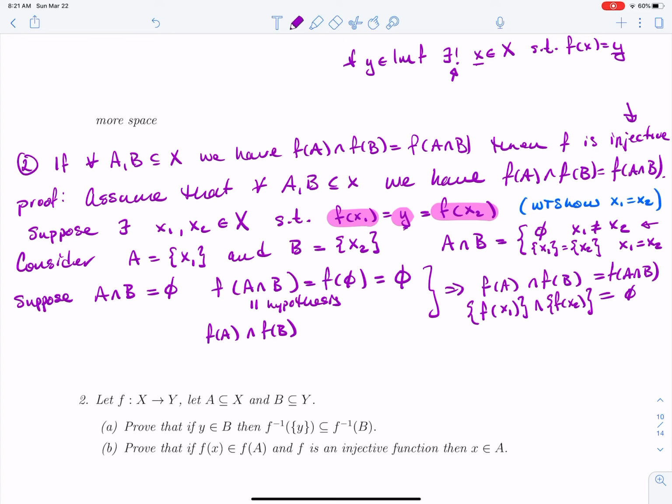But f of x1 is just y, intersect f of x2 is y again, so this is equal to just the set y.